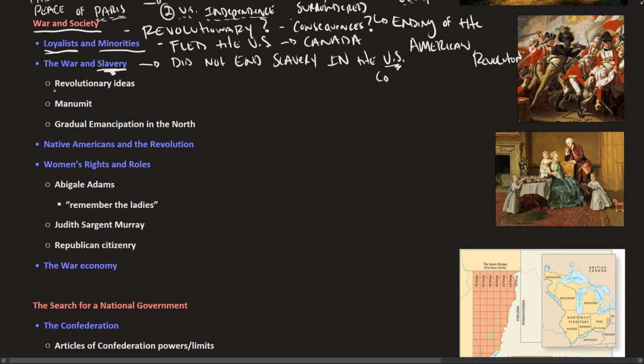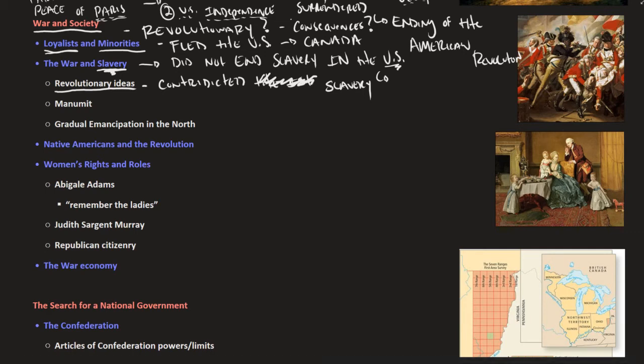On the one hand, the revolutionary ideas contradicted slavery. For example, how could a person like Thomas Jefferson say that all men are created equal, that they have rights like life, liberty, and pursuit of happiness, but also at the same time own more than 200 slaves?